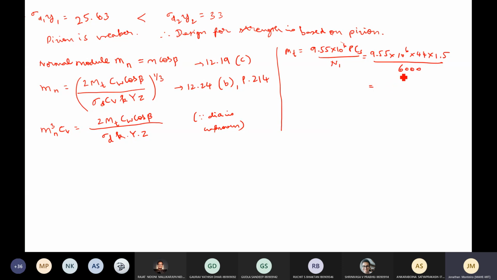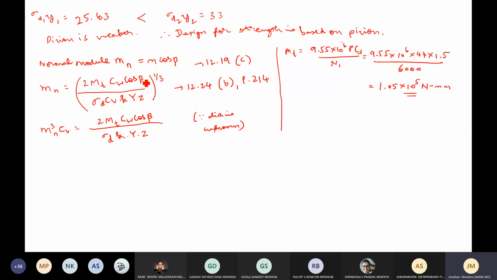It should give you 1.05 into 10 raised to 5 Newton mm. Just check it from your side also. If there is any error, we'll correct it here itself. 1.05 into 10 power 5 Newton mm.